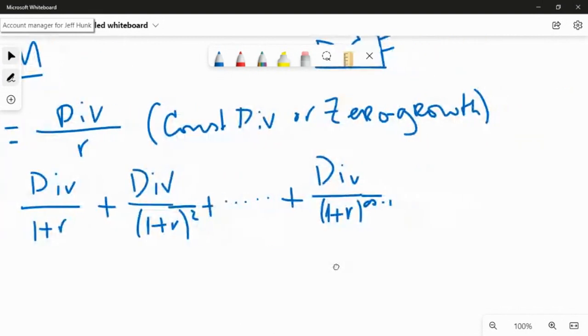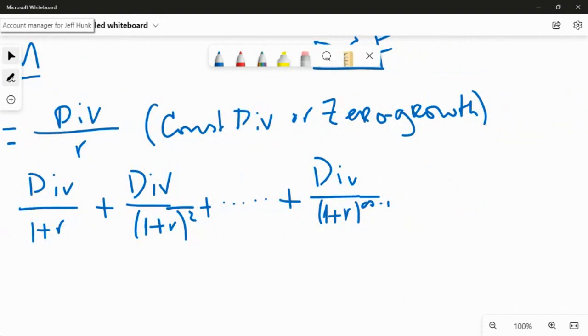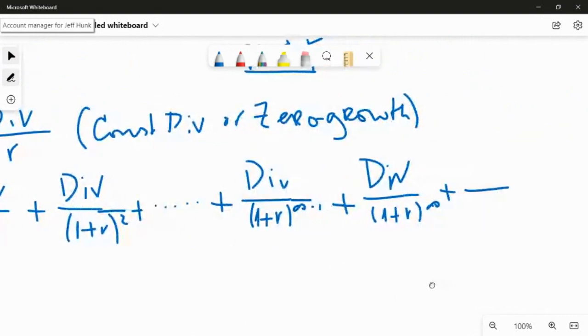Infinity is a concept that has no end. Just because I write it like this, it doesn't mean it ends. It's just to express the concept. There is something at infinity, at infinite time, millions of years later.